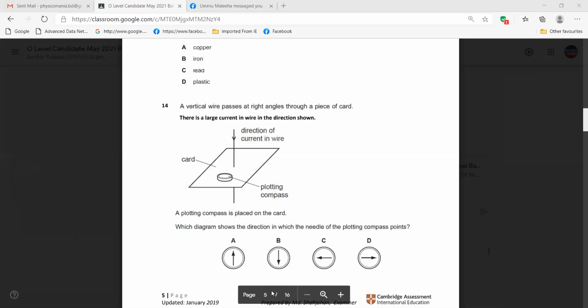Sir, is it A? No. You draw magnetic field lines there. Sir, if I use the right hand grip rule, the direction is coming clockwise, like through from where I'm sitting. The way you are facing, you draw clockwise, then you give the direction.